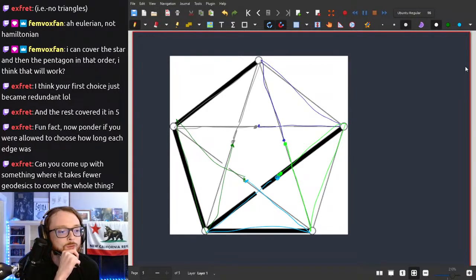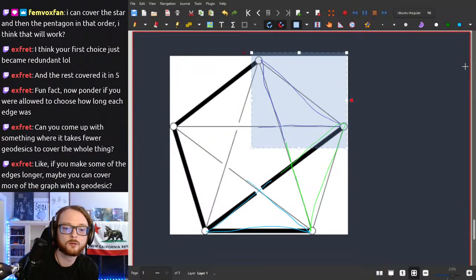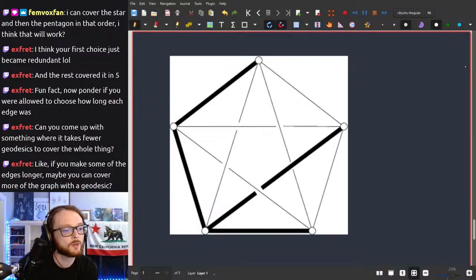Can I cover more of the graph with the geodesic?